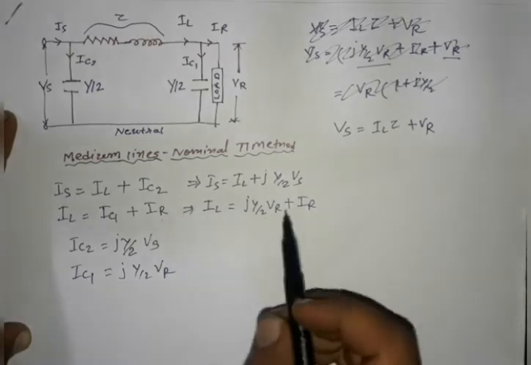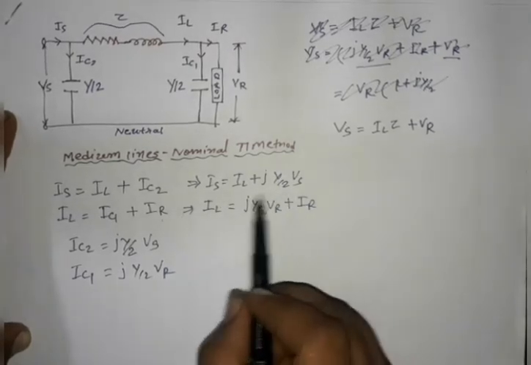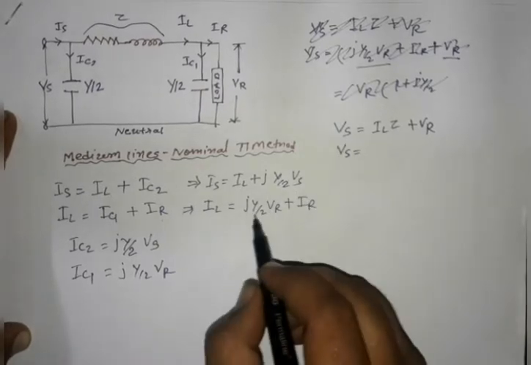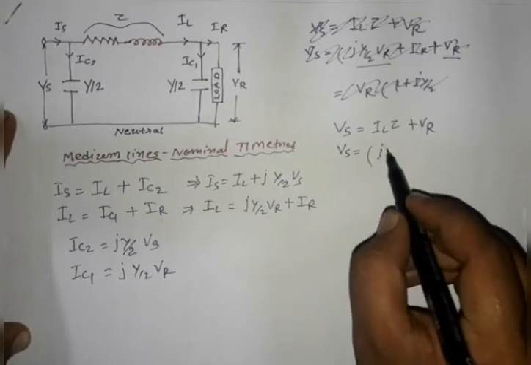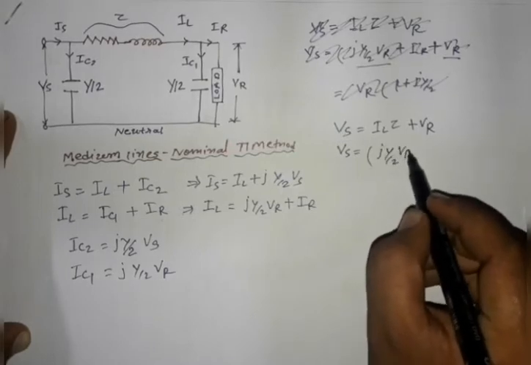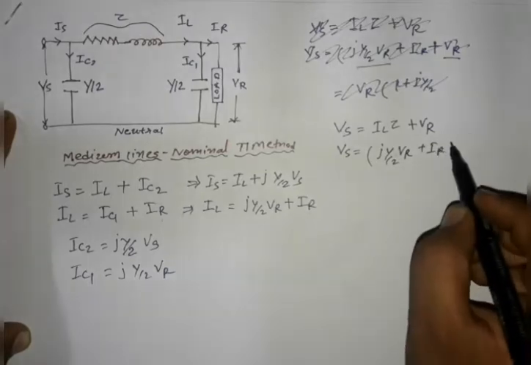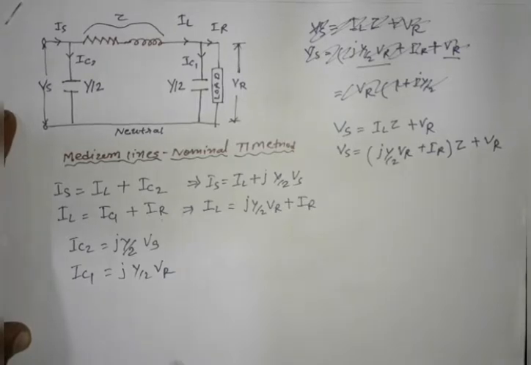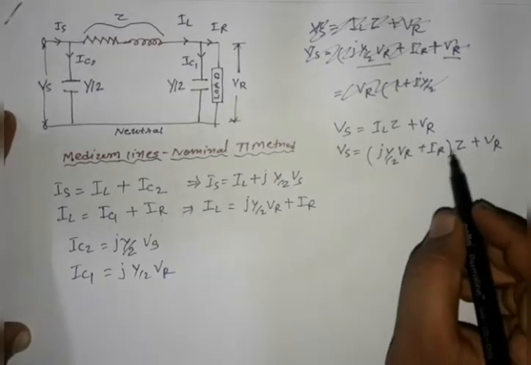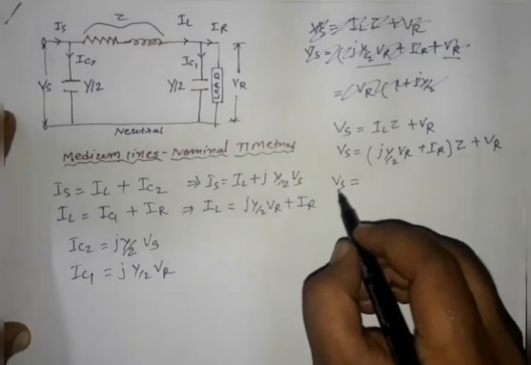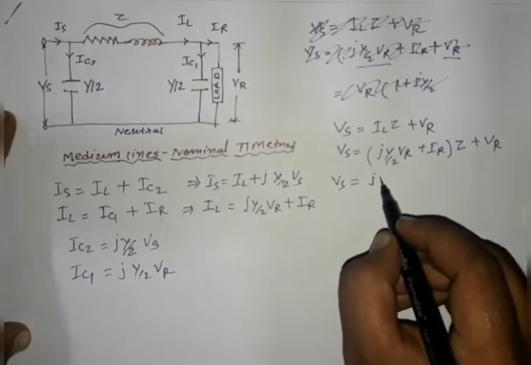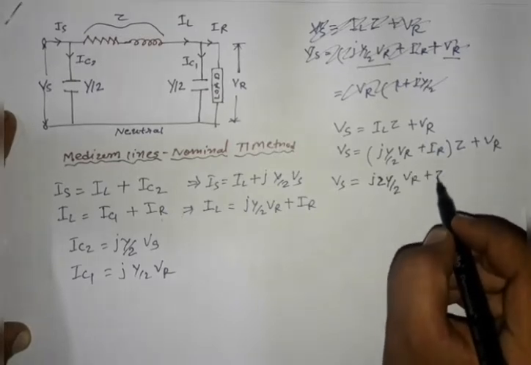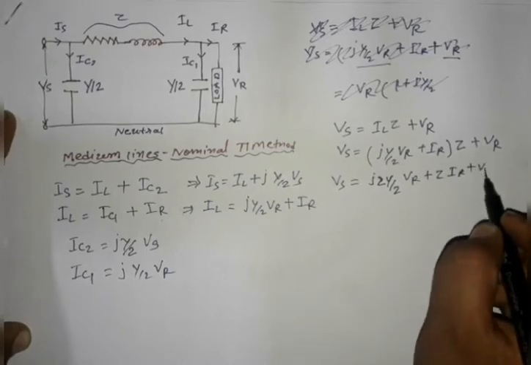Now we put the value of the IL current in the Vs equation. So Vs is equal to, now IL is equal to jY by 2 Vr plus IR, into Z plus Vr. Now we multiply Z in the equation. We get Vs equal to jZY by 2 Vr plus Z IR plus Vr.